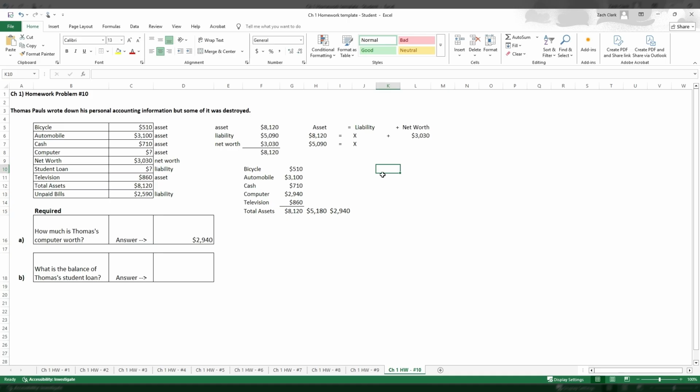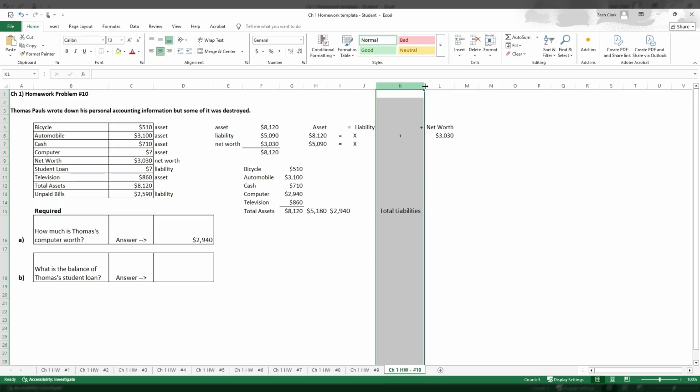If we know total liabilities, let's just write this in, total liabilities. And one thing you might see me doing, if you have a text or something and you're wanting that column to change size, you see your cursor, how it goes to that black cross with the arrows.